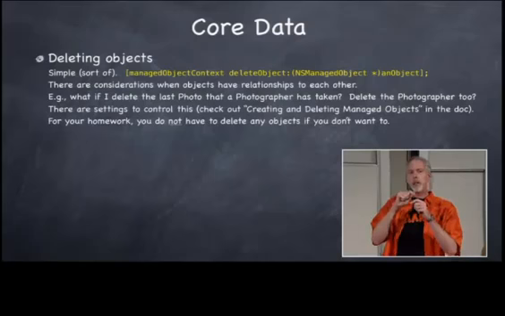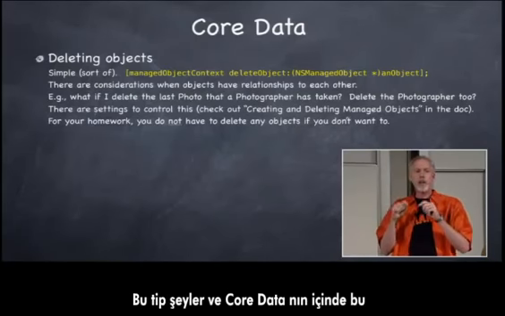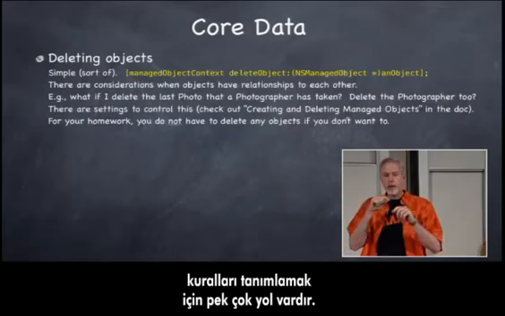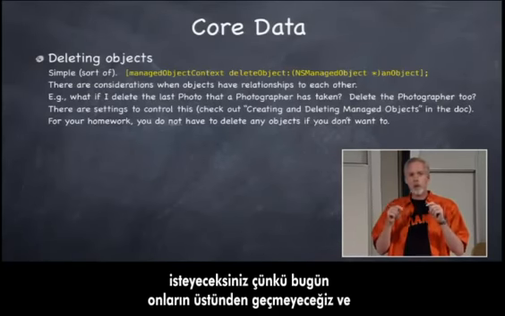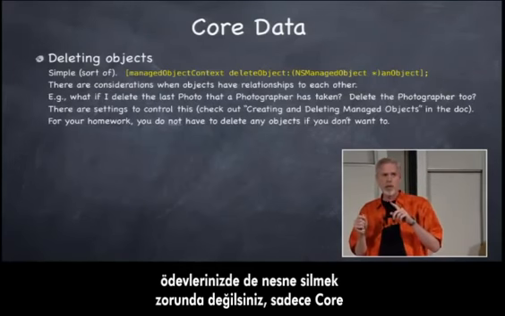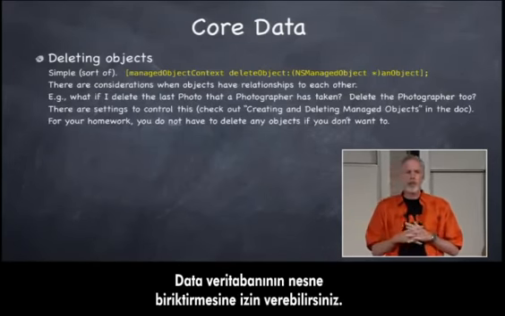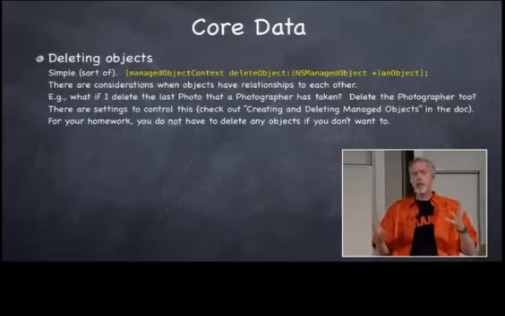If I delete the NSSet entirely, do the photos get released? Those kinds of things. There are lots of ways to specify those rules inside of Core Data, and you probably want to understand those, but we're not going to go over those today. And in your homework, you don't have to delete any objects. You can just let your Core Data database accumulate objects.